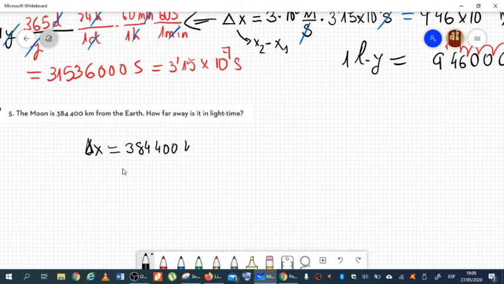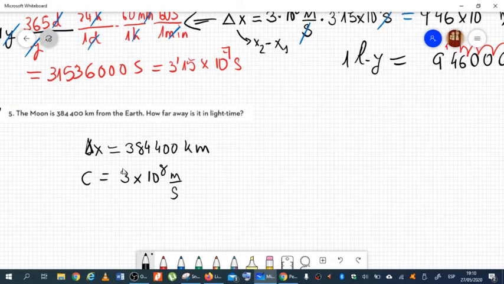384,400 kilometers. The speed of light, you have to remember this number. 3 times 10 to the power of 8 meters per second.